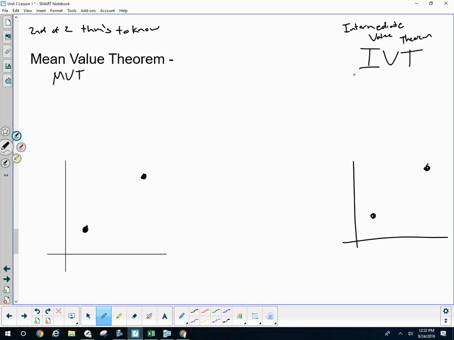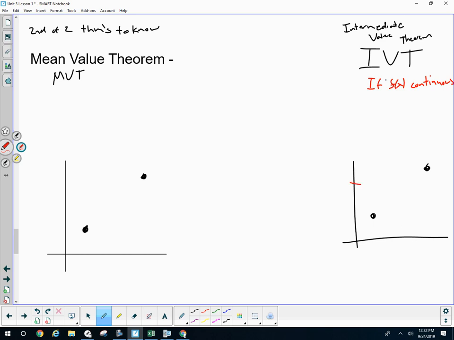Now, let's remember the intermediate value theorem. It said that if your function is continuous, and this is what was necessary, your function had to be continuous, then you're going to cross through all of the y values. At some location, at some x value, for some x in between these two x values, you're going to produce that y.